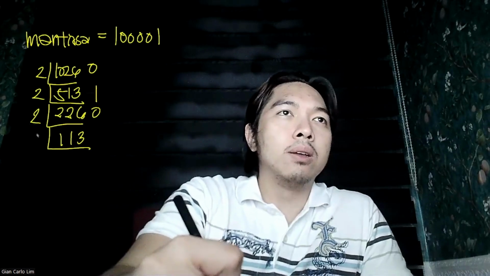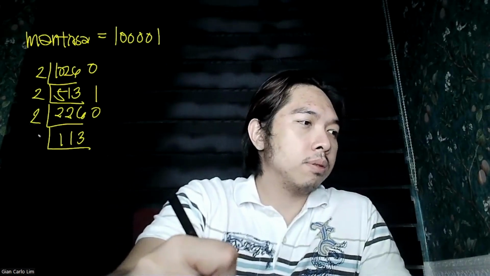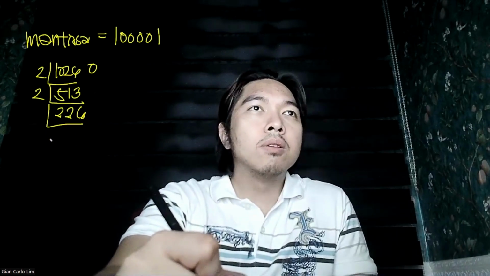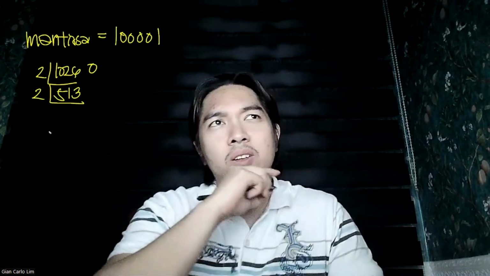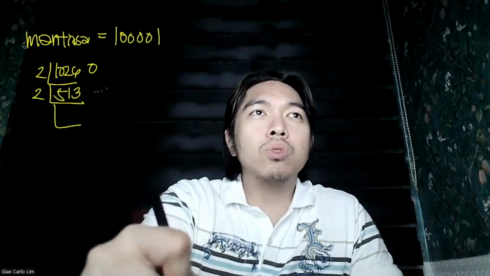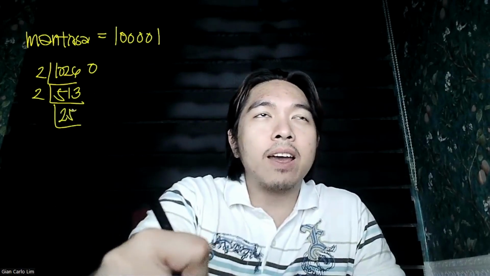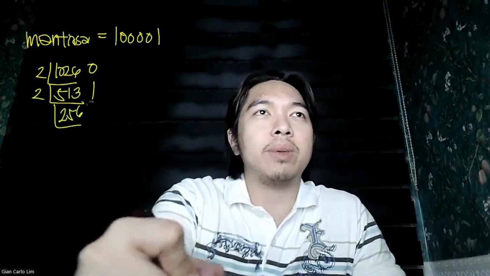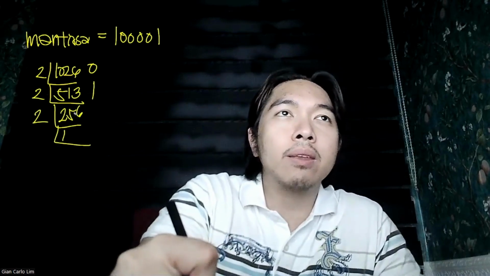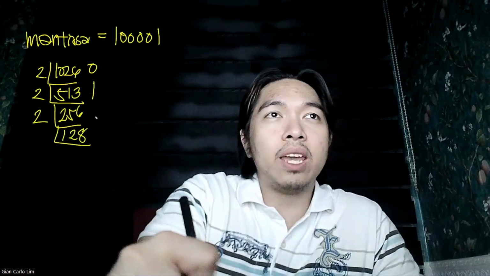Alright, tama. So, 513, so it's correct. So, divided by 2, so that is 256, remainder 1. 256 divided by 2, so 128, and 0.